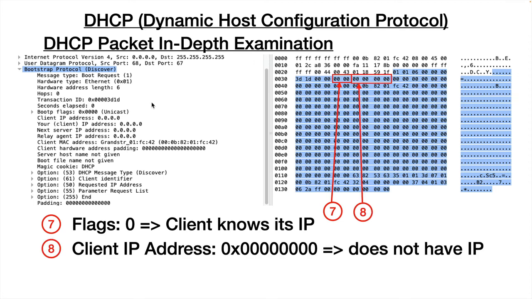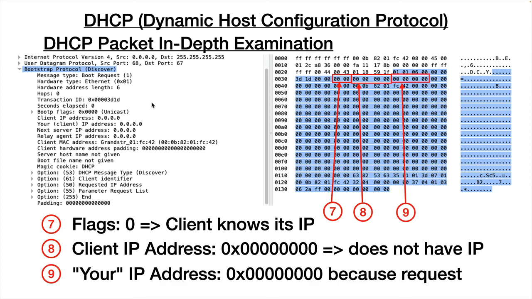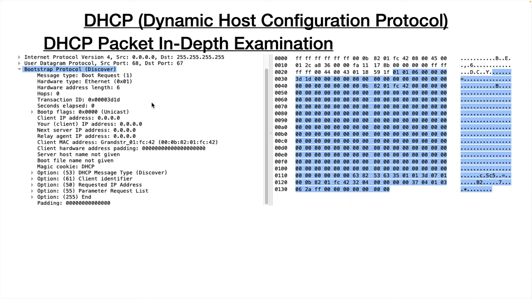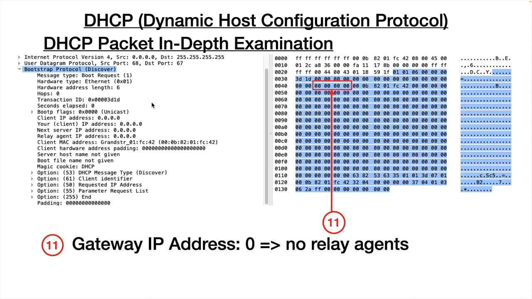The client IP address is all 0s. Your IP address is all 0s because this is a request. This would only be set in a response. The server IP is all 0s because it's a request. The gateway address is all 0s because there are no relay agents.